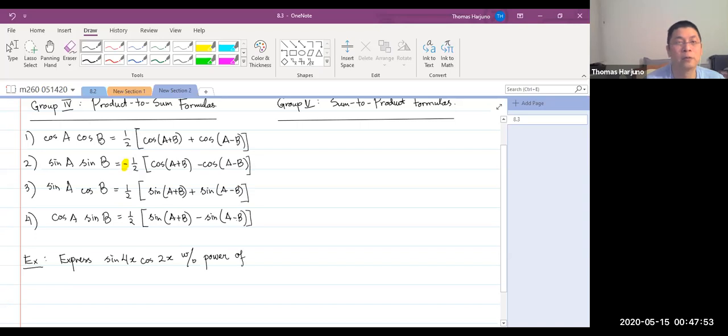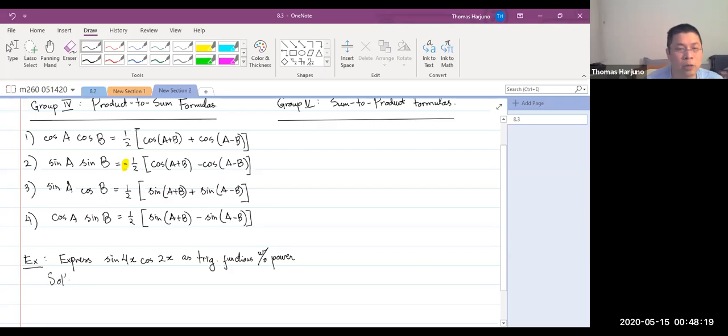Or I think I should say, as trig functions without power. Yeah, because we have sine times cosine, then that's basically the power of 2, right?